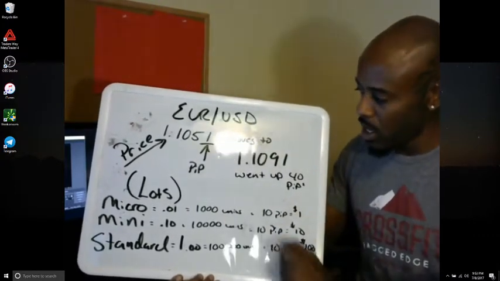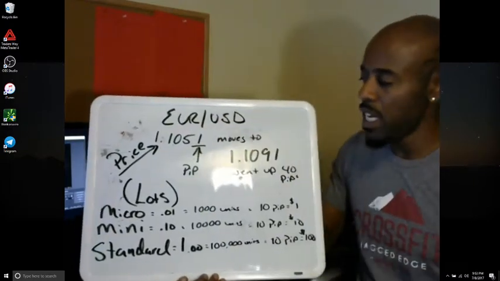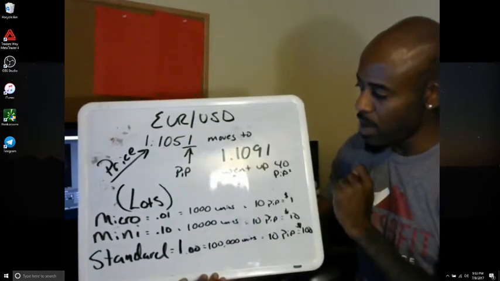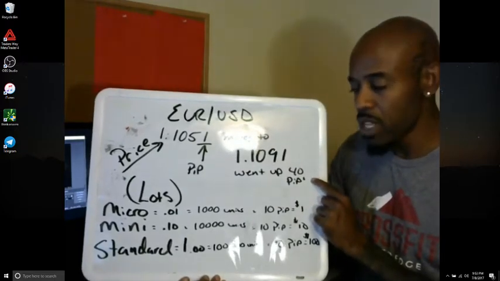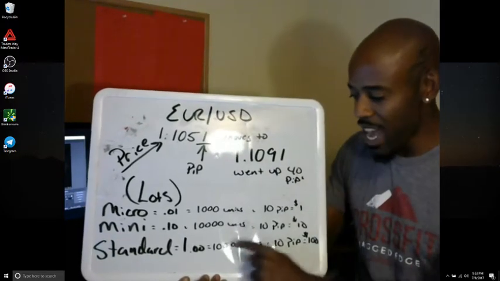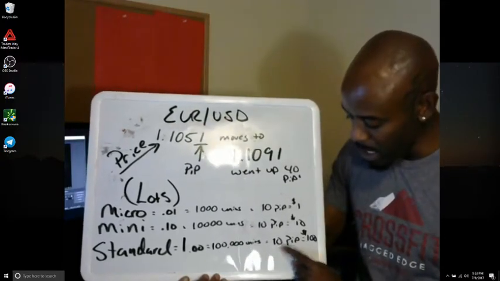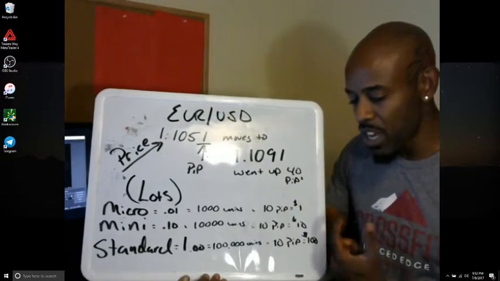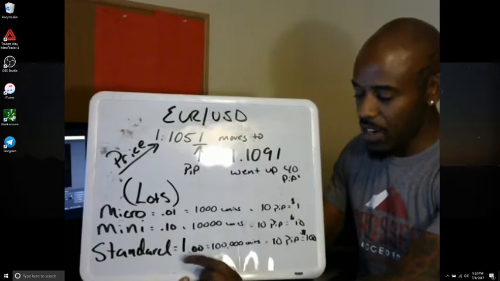you would have $1. So off of this trade right here, if we took this trade on the Euro USD and price increased from the 1.1051 and moved to the 1.1091, which is an increase of 40 pips, and say we had a standard lot size on that, which means for every 10 pips we got $100, 40 pips, doing the math, is going to give you a $400 profit with one standard lot.